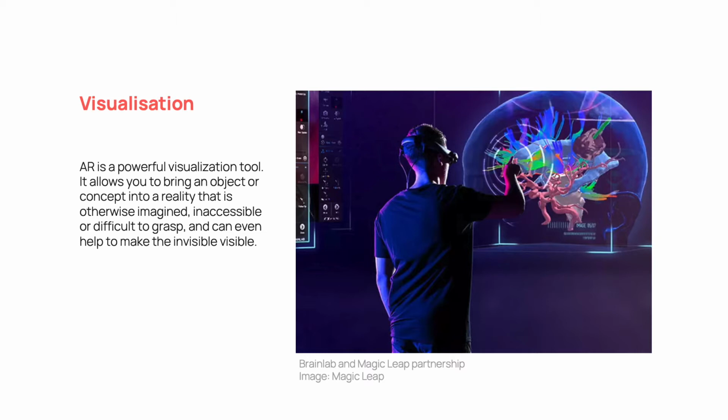Augmented reality is a very powerful visualization tool, and probably this is the most popular and the most common example that you came across. It's basically a process of showing the invisible. For example, on this image you can see how Magic Leap implemented, in collaboration with Brainlab, a brain visualization.